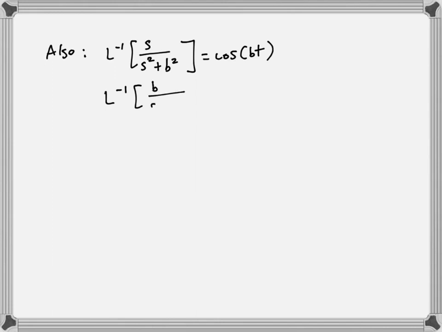Also, if we reverse the sine and cosine formulas, here's what we get. The Laplace inverse of s over s squared plus b squared is equal to cosine of bt. And the Laplace inverse of b over s squared plus b squared is equal to sine of bt. And again, all of these are just the Laplace formulas, but in reverse, okay?